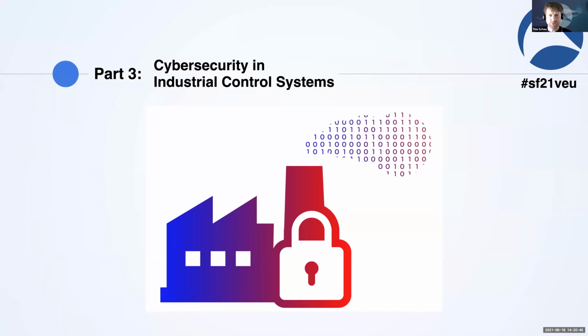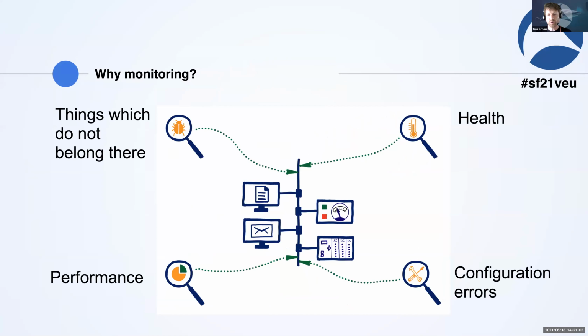So we have the third part of our joint talk: cybersecurity in industrial control systems. I'm going to show you how you can use Wireshark to help you identify problems in industrial networks. Maybe the question is, why do we do monitoring? Of course, as you know, performance issues can be a problem.